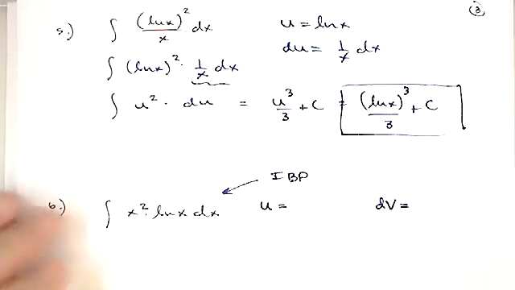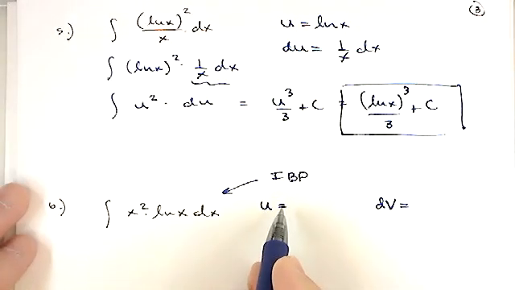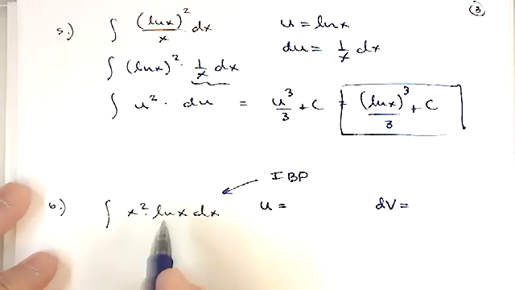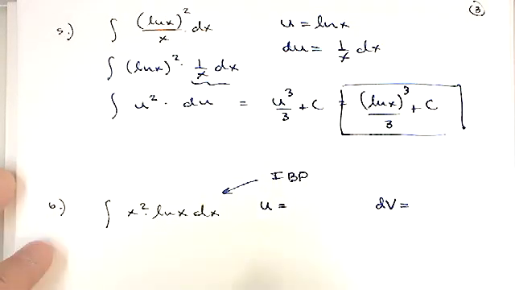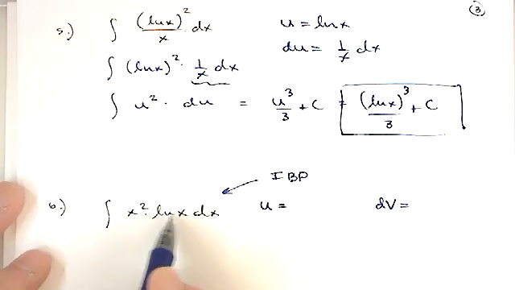And when it's integration by parts, we have to choose a u. One of these is going to be u, the other one's going to be dv, the derivative of some other function. Now, this one's kind of a close call, because remember, my criteria for choosing u is which function is going to become simpler when you take the derivative. If I let u equal x squared, the derivative of x squared is 2x.